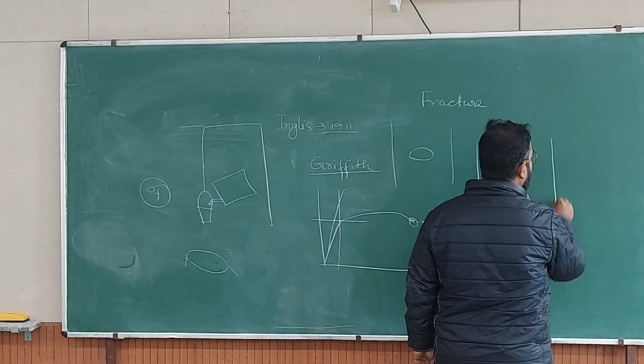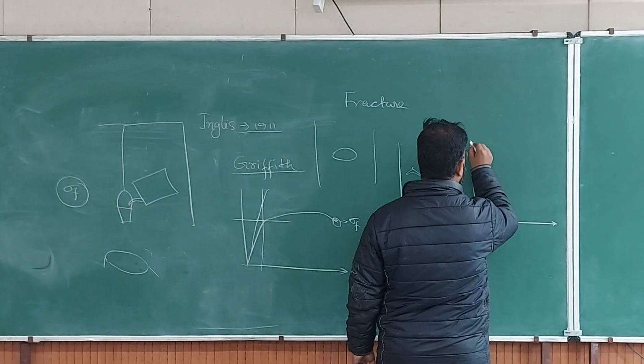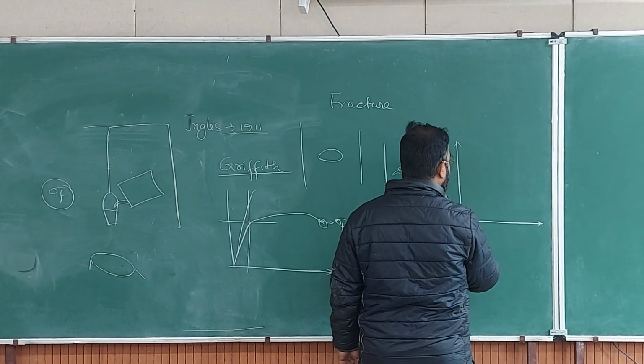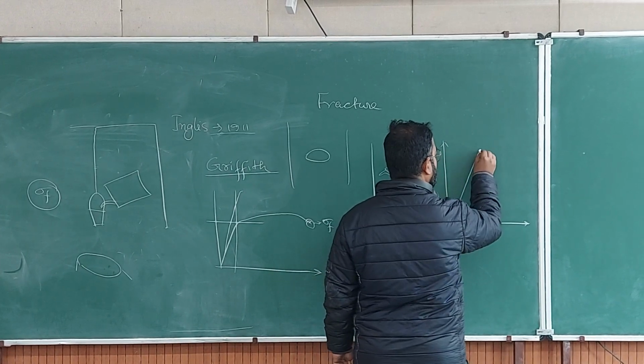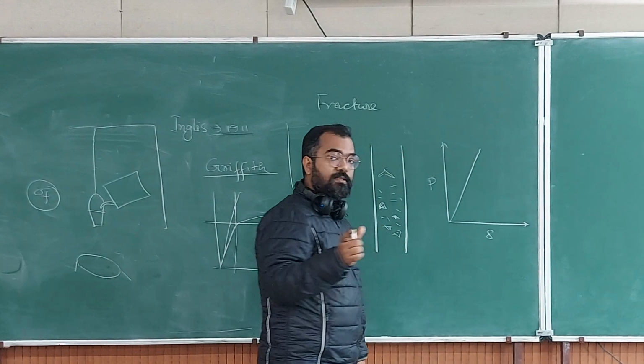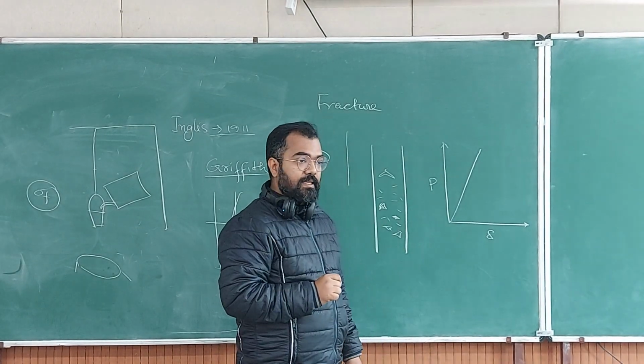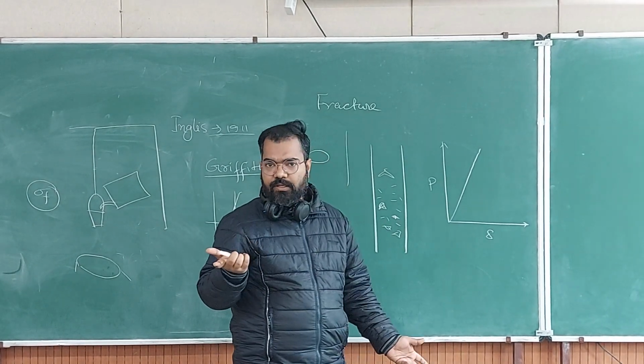So Griffith applies thermodynamics to a specimen which has a crack in it of certain size, and the thickness is unit.